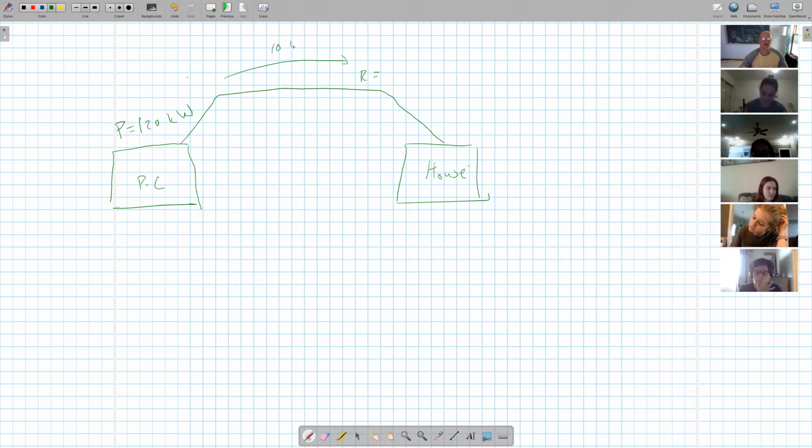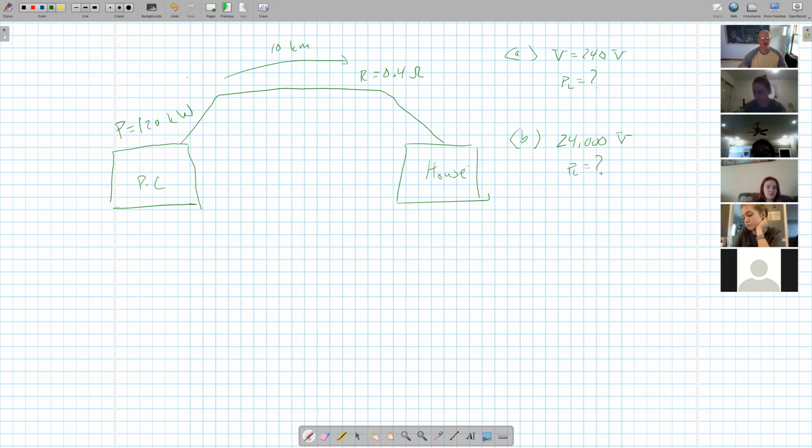It says 10 kilometers, but it doesn't really matter how far it is. And this has a 0.4 ohm resistance. At part A, the power company is making a voltage of 240 volts, and we want to know the power loss by the time it gets to your house. For part B, we want to make it 24,000 volts, and again we want to know the power loss by the time it reaches your house.